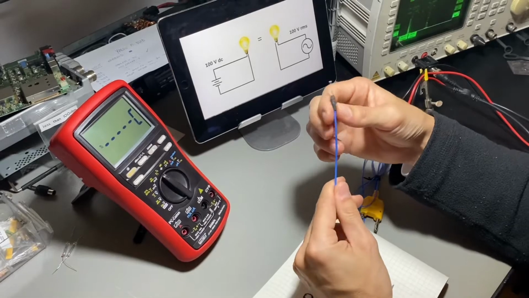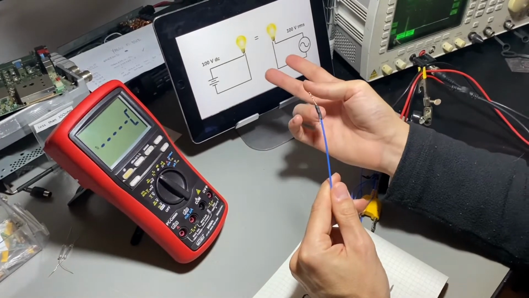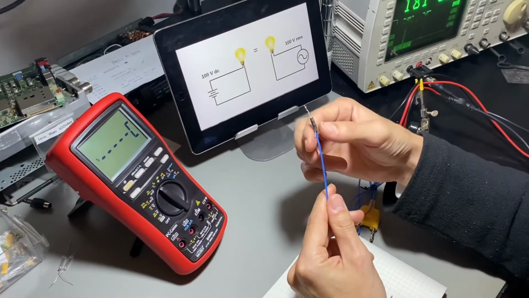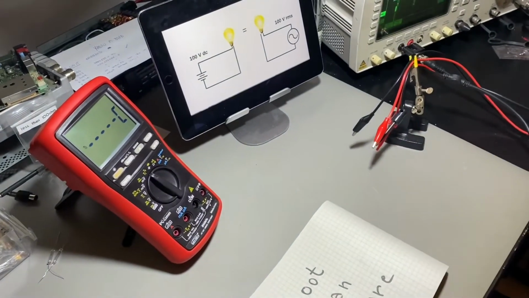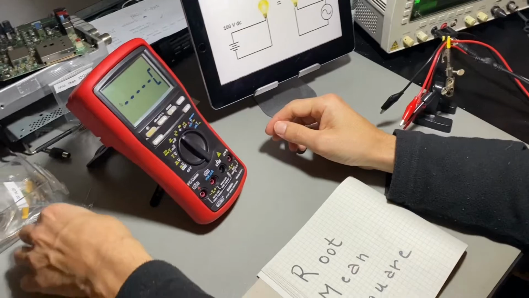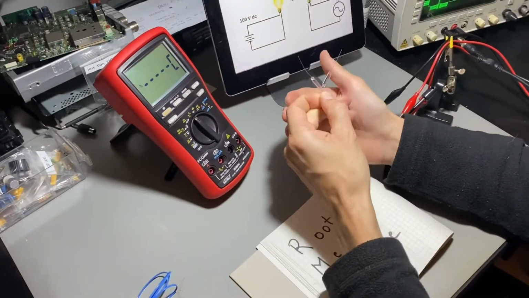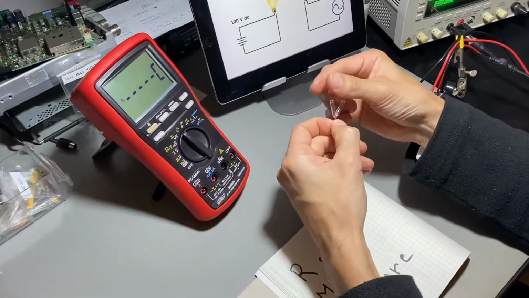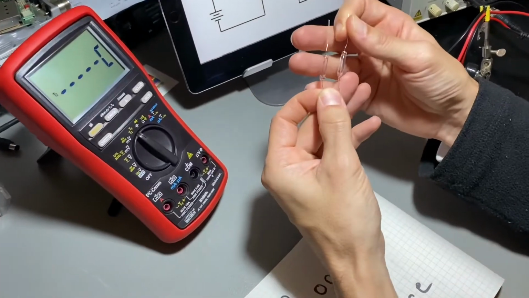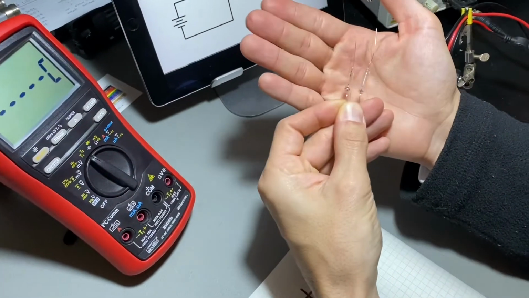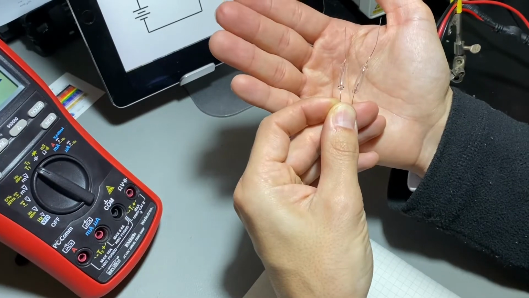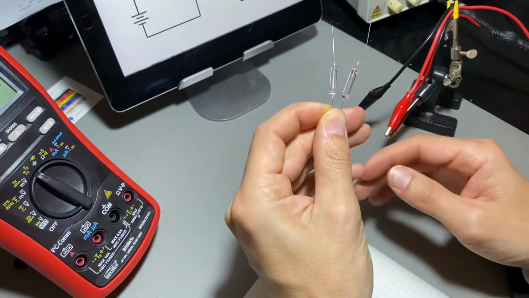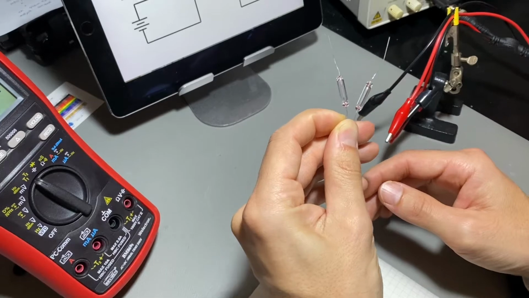So the resistor will in fact be the light bulb in the second experiment. Let's start with two light bulbs. I will use these 12 volt light bulbs, and we will examine the two conditions at the same time.